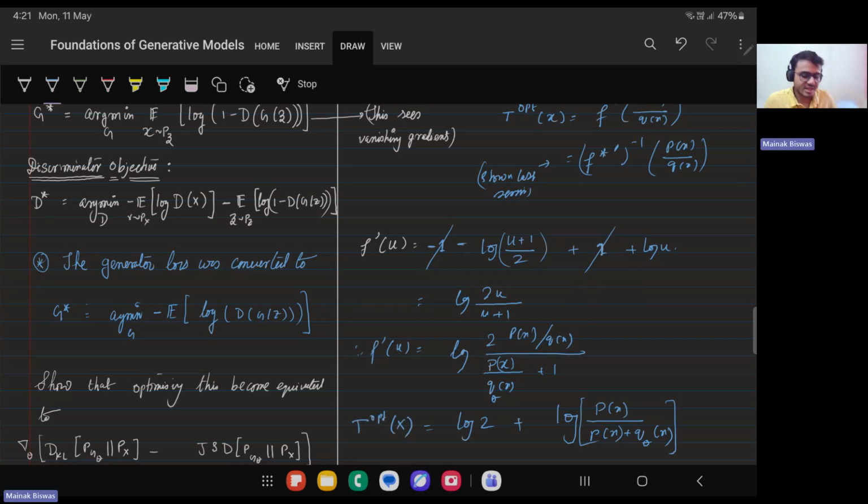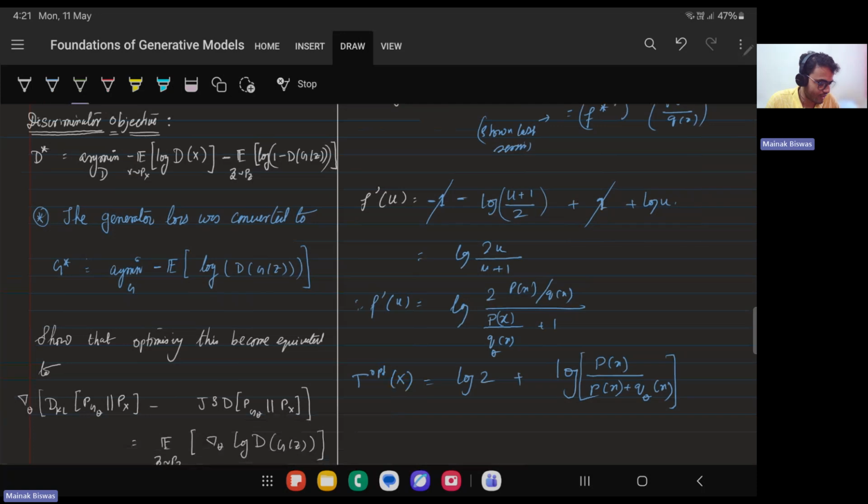So this is what we were showing, and we showed that this is my T optimal of X. And clearly we can see that for a fixed discriminator, in the F-GAN method as well, the optimal T opt is at Px by (Px plus Q theta of X).